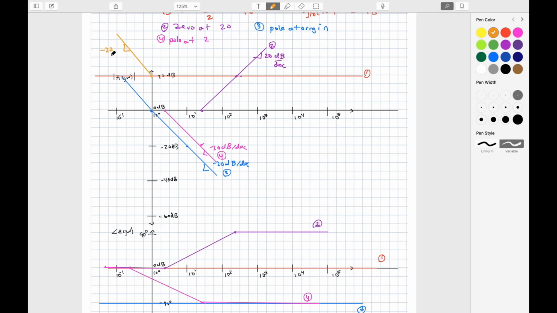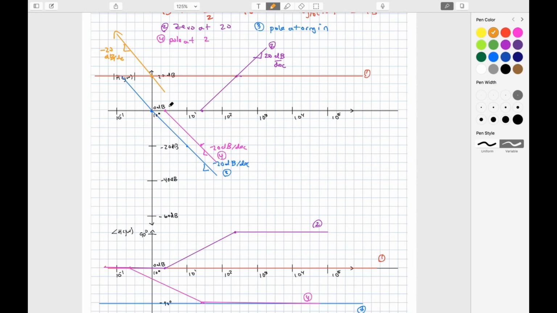So this is negative 20 dB per decade. It goes all the way back to 10 to the negative infinity and continues on. This is going to continue at this rate until about 2. And then at this point, it's going to start going down much more quickly. Instead of negative 20, it's going to be at negative 40.